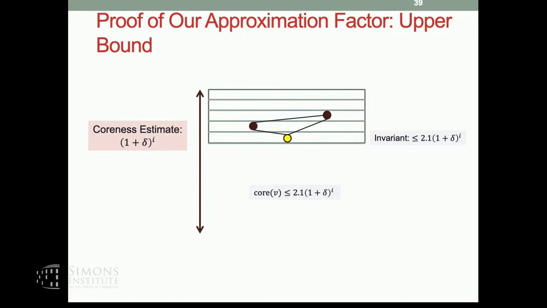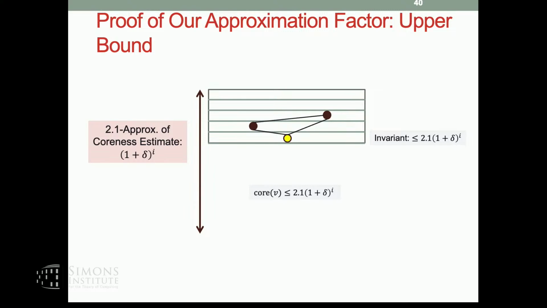But we also have that the up degree is upper bounded by 2.1 times (1 plus delta) to the i. So the core number of this yellow vertex is upper bounded by 2.1 times (1 plus delta) to the i. We gave it an estimate of (1 plus delta) to the i, so this is a 2.1 approximation.